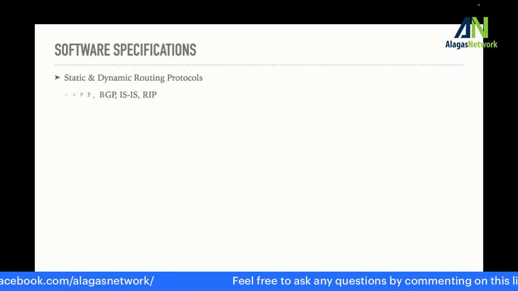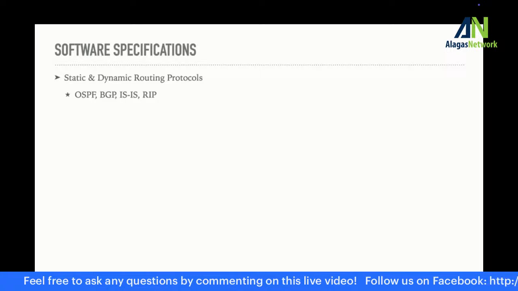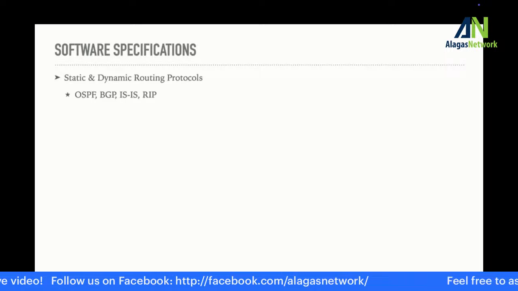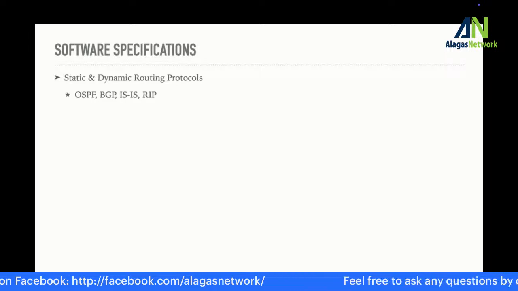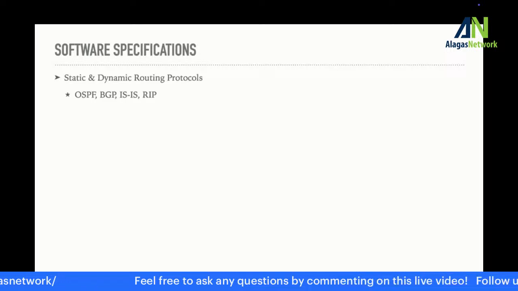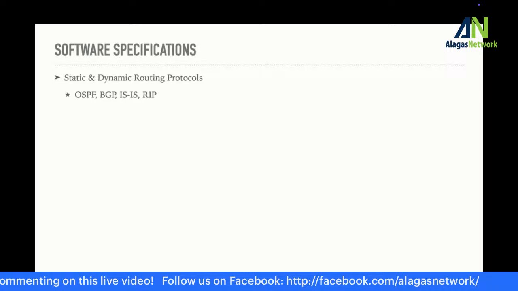Okay, so RouterOS supports OSPF, including OSPF version 3 for IPv4 and IPv6. It also has BGP, and IS-IS is the latest addition to the dynamic routing protocols inside RouterOS, and I think it only exists in RouterOS 7.